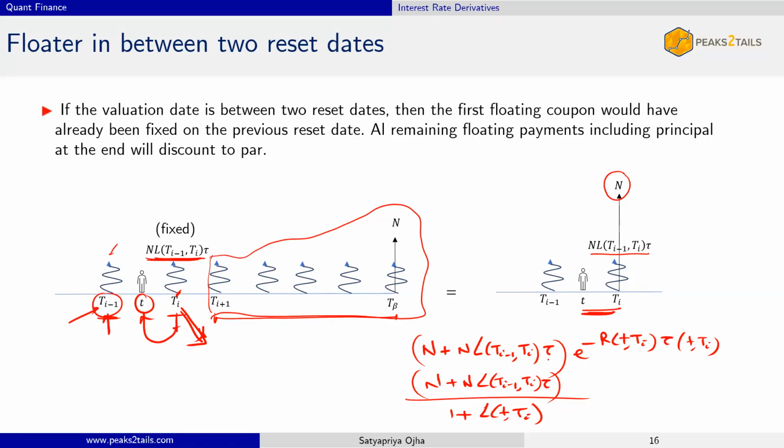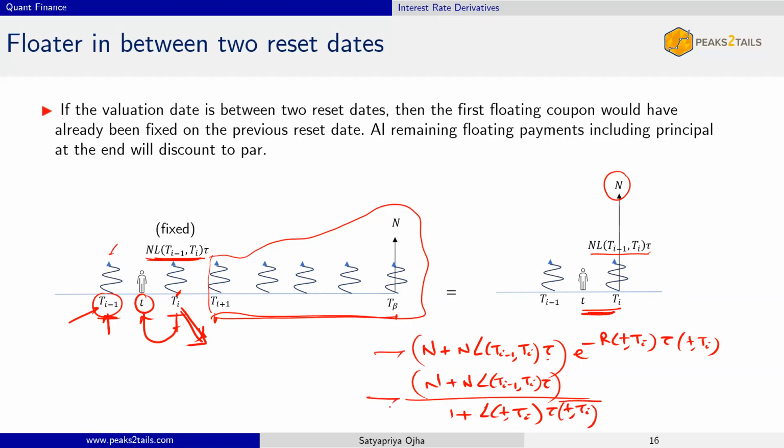Remember tau is between all the different Ti minus 1 to Ti. So this is kind of fixed. But here it will be the year fraction between t and Ti. That's the discounting factor.